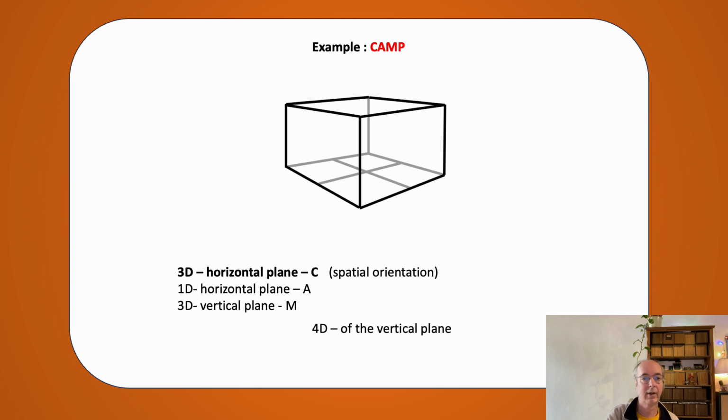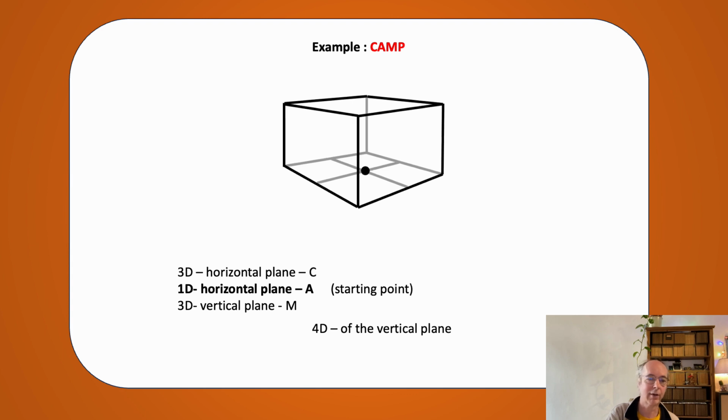Then we will connect it to the next letter, the A. It's one-dimensional, so it's just a point, our point of reference on the horizontal plane as well. So we have the starting point on the horizontal plane in a three-dimensional space, because that was our starting point. What we'll do next, we'll have the M.